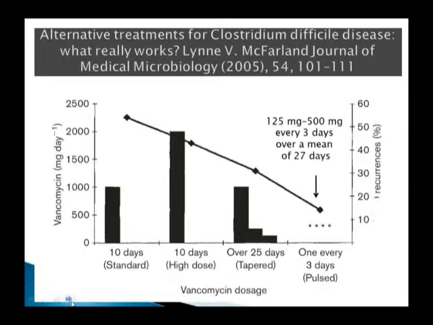There was an interesting article that Dr. Shaw presented about a year and a half ago in the Journal of Medical Microbiology, specifically about Clostridium difficile, where they looked at recurrence rates based on the way things were dosed. The typical standard dose, as you'll see here, was 10 days using about 1,000 milligrams a day. Then they did a higher dose: 10 days at 2,000 milligrams, and showed some effectiveness.